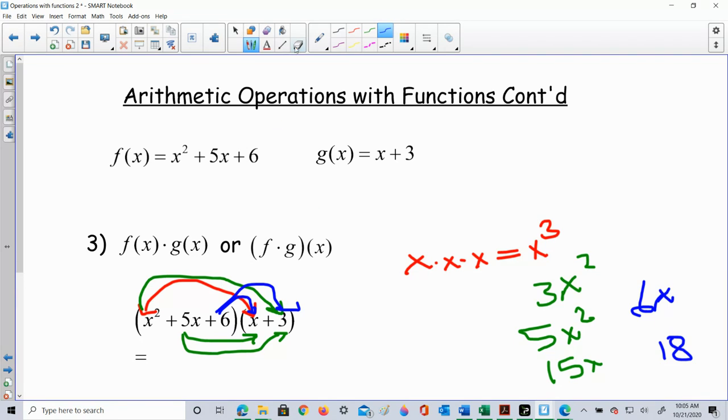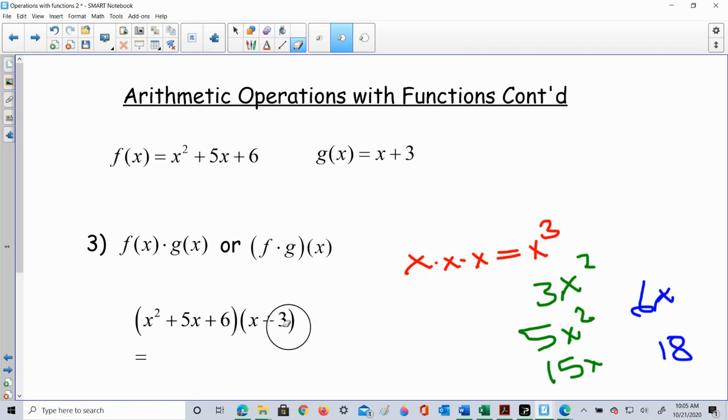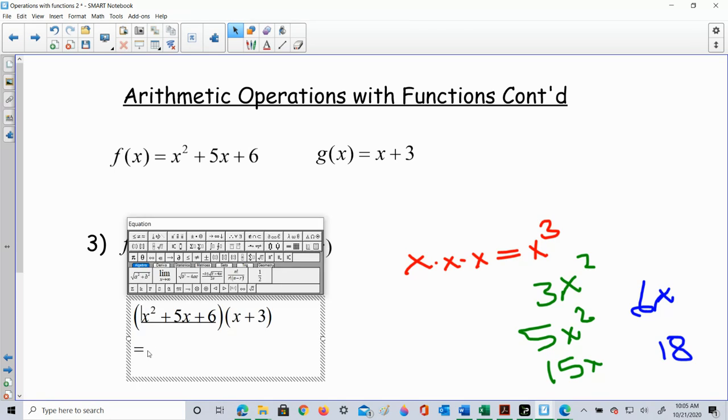All right, so let me get rid of a lot of this messy looking stuff, and we'll put all this together. All right, so what did I get? The first term I had was x cubed.